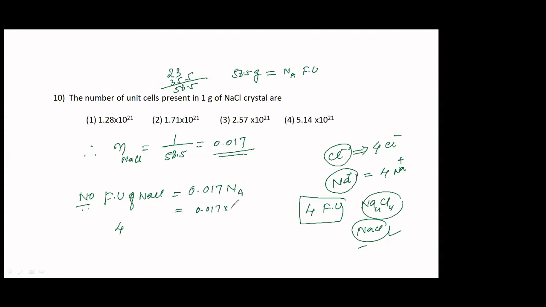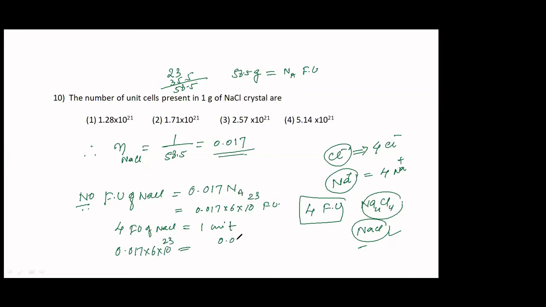0.017 into 6 into 10 raised to 23. So these many formula units you have. 4 formula units of NaCl is equal to 1 unit cell. In 1 unit cell, you will have 4 formula units. So therefore, these many formula units, which will be 0.017 into 6 into 10 raised to 23, will have how many unit cells?